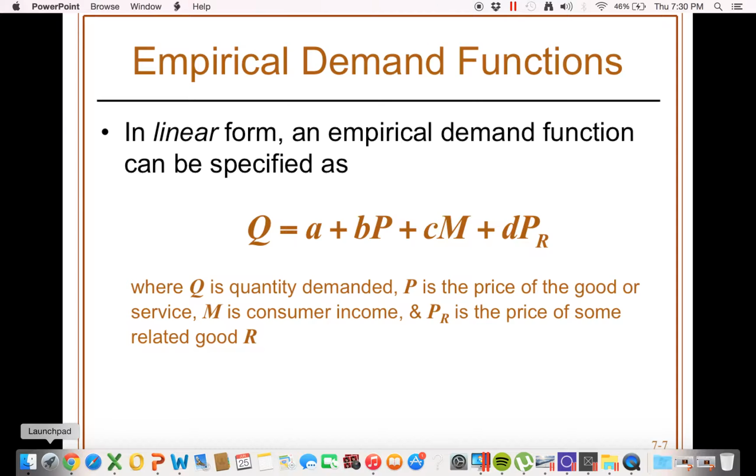And PR is the price of a related good. What's a related good? It could be something like chips and dip. If the price of the dip goes up, what's going to happen to your quantity demanded for chips?